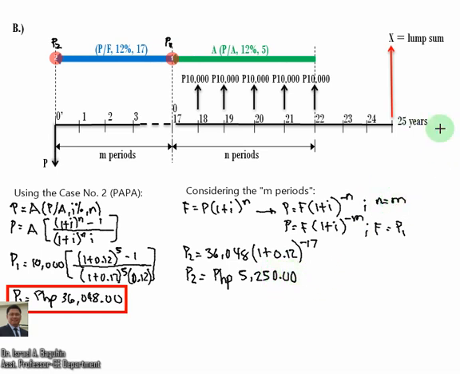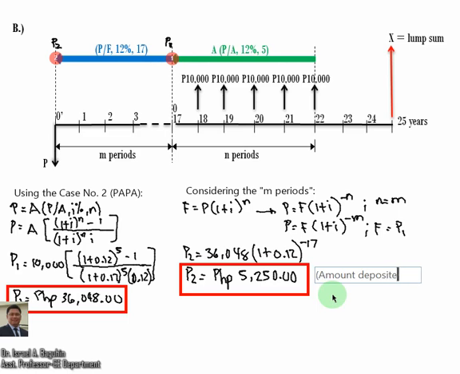Okay, so this would be it for this P, which is equal to P2, and we consider this one as our answer. Actually, this is just the amount deposited by the grandfather.